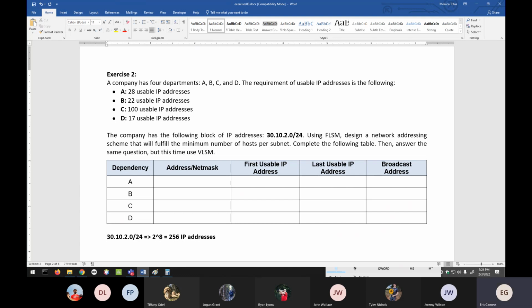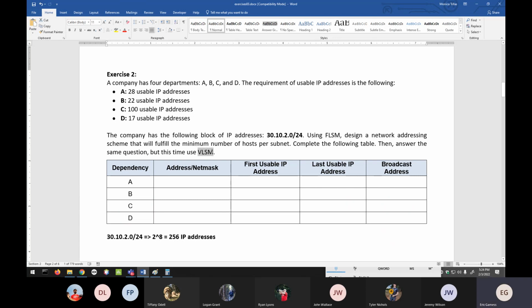I will need 512. Do I have 512? No. So there is no solution with a fixed length subnet mask. You understand that? There is no way, if I use the same size for all the subnets, to resolve this problem. So what should I do?